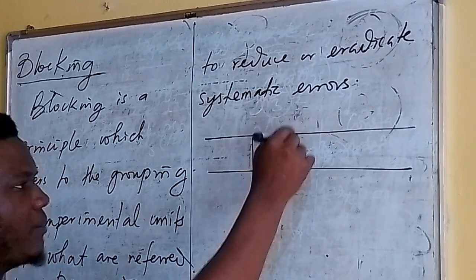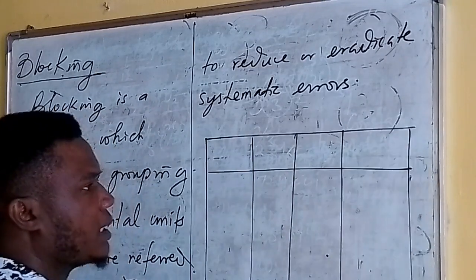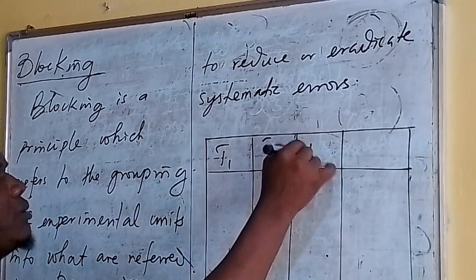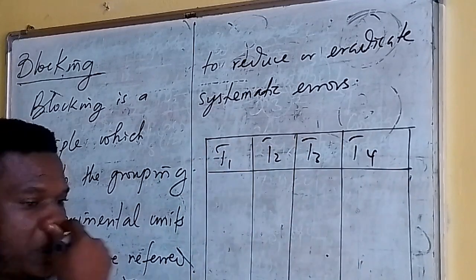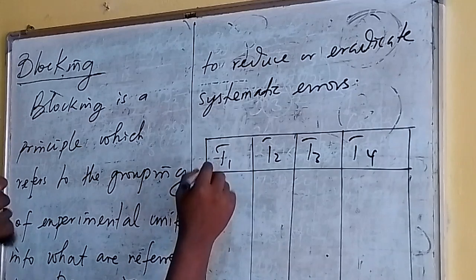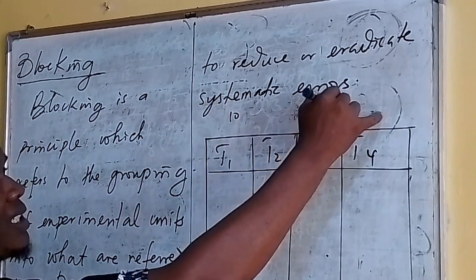Now see, let's assume that, let's go back to that example we gave. So this is treatment 1, treatment 2, treatment 3, treatment 4. Now, I could block by categories such that let's assume that we had weights ranging from 10 to 40 kilograms.